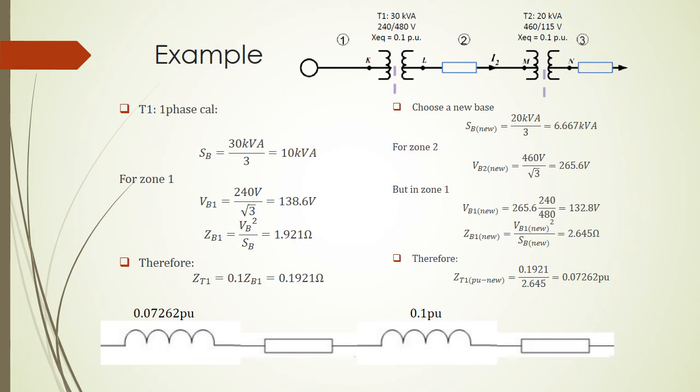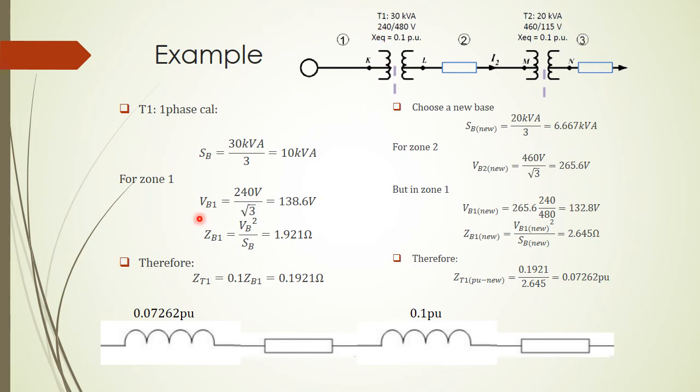First we need to convert it back to the actual value. How to do that? We write down transformer 1 and we calculate it for single phase. The first one, SB equals 30 kVA over 3, so for single phase we have 10 kVA. Here we have two zones connecting to transformer 1, zone 1 and zone 2. So we look at zone 1 only.